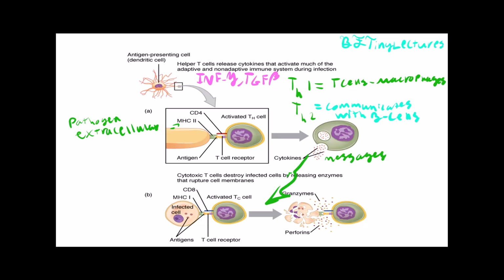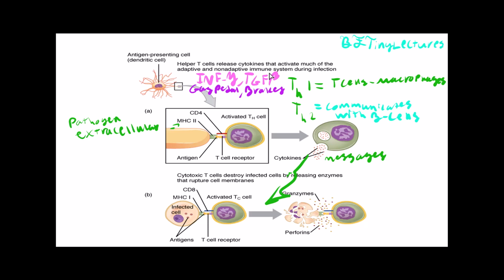And all you got to know for right now is that interferon gamma is going to be the gas pedal. So if we're comparing the immune system to a car and we want to go faster, we want to increase immune response, this is going to be the gas pedal. While the transforming growth factor beta is going to be the brakes.